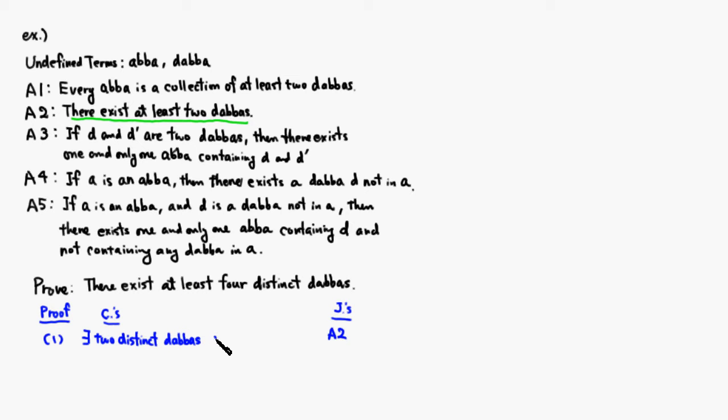Let's call them D1 and D2, by axiom 2. Then if you have two dabas, D1 and D2, there's got to be exactly one aba containing both.